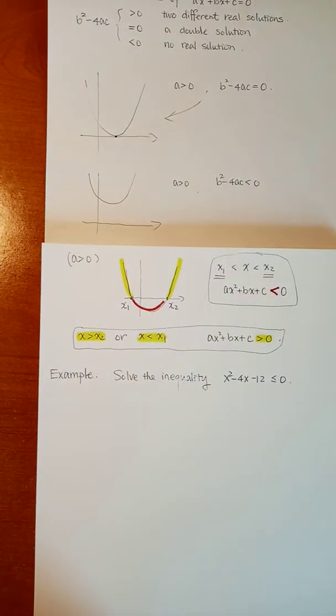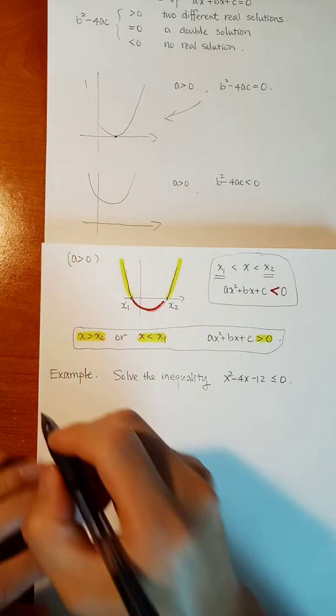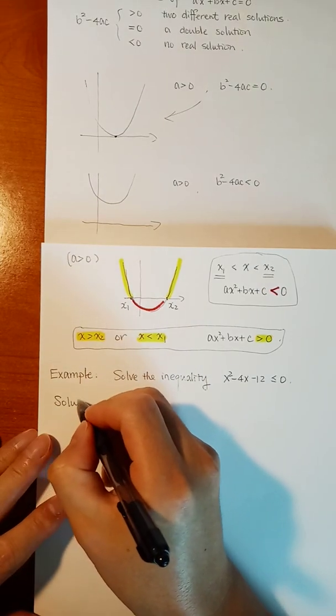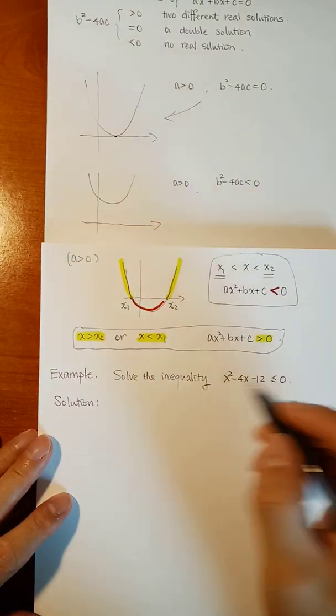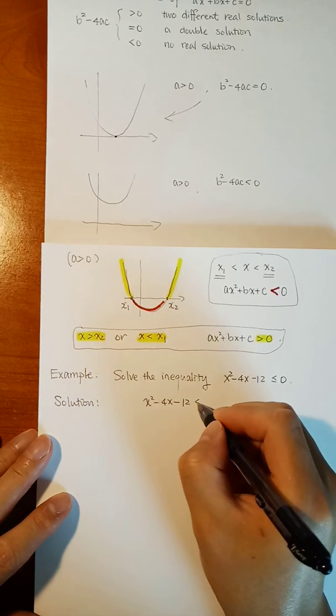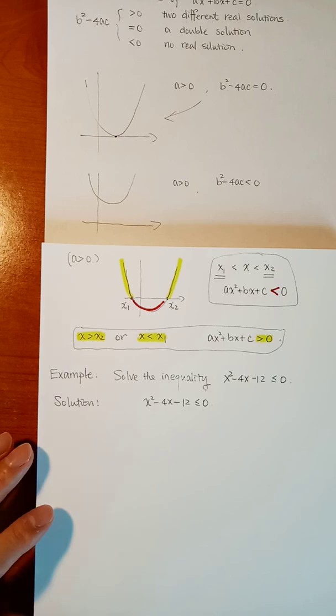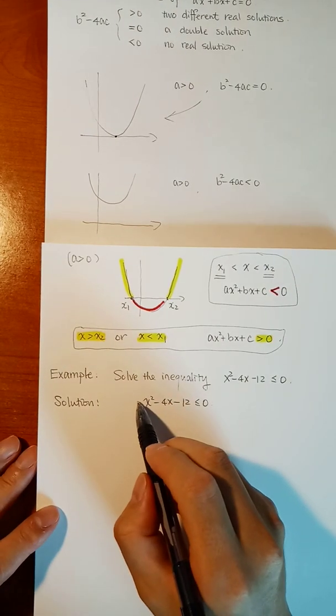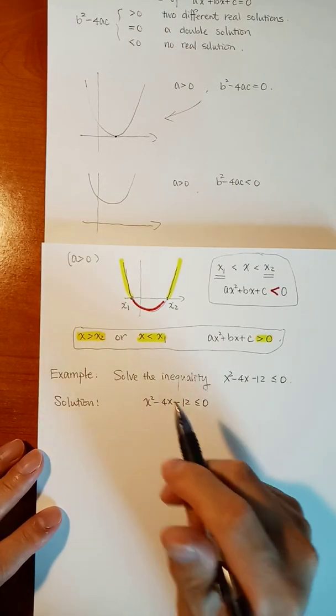Okay, so solution. We have this inequality, and first the leading coefficient is positive. It's positive 1. That's good.